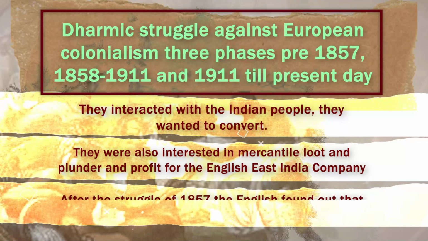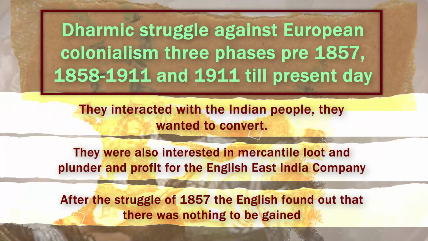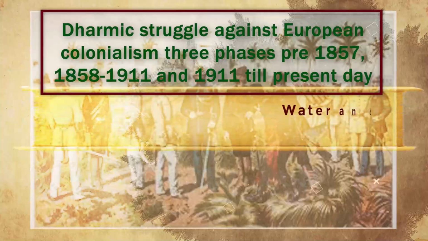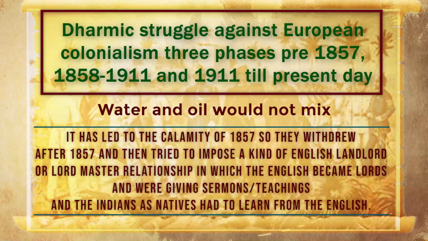After the struggle of 1857, the English found out that there was nothing to be gained. In fact, it was dangerous to interact with the Indians, because the English also realized that the dharmic concepts followed in India and the very ethos of India, the soul of Bharatvarsh, was different from their Christian missionary ideas. So, water and oil would not mix, and it had led to the calamity of the war of 1857.